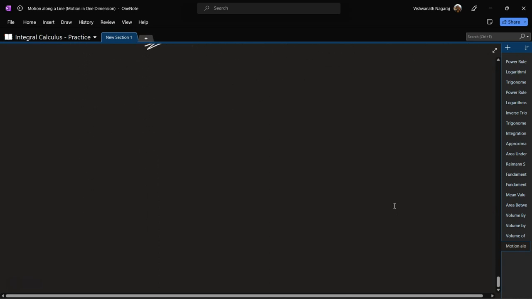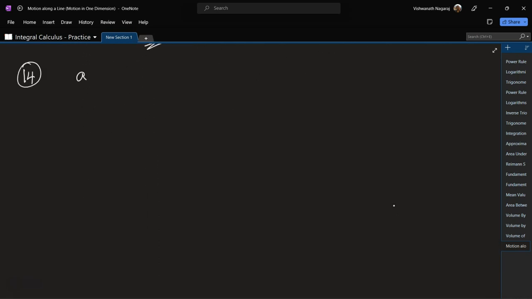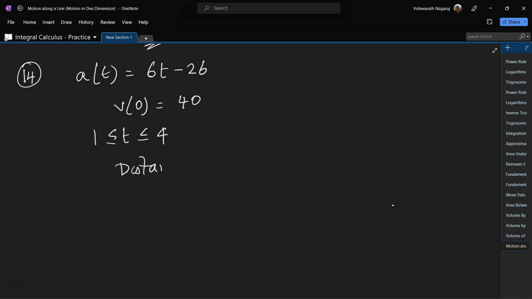Okay, now let's look at the 14th one. Again we are given a of t is equal to 6t minus 26. V of 0 is equal to 40 and t is between 1 and 4. We have to figure out the distance and the displacement.